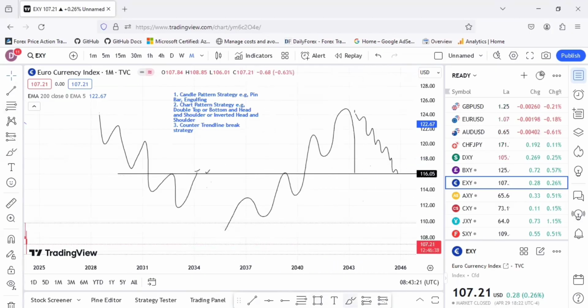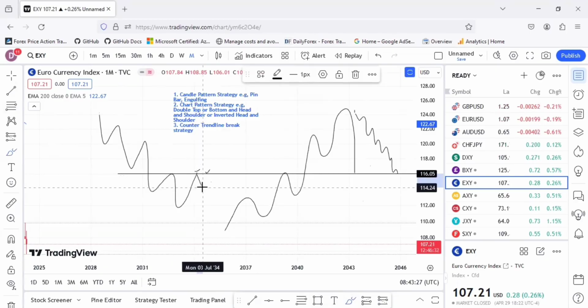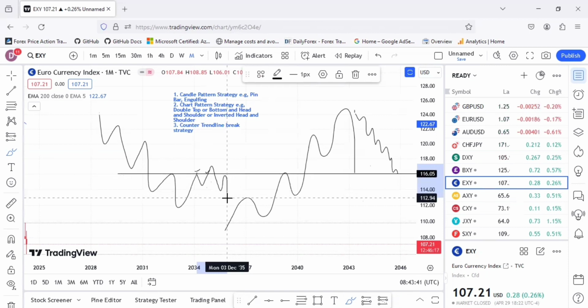So for head and shoulder, when the price gets to this place, you might pull down like this, then break up this place, pull down again, and then come to this place before coming down.